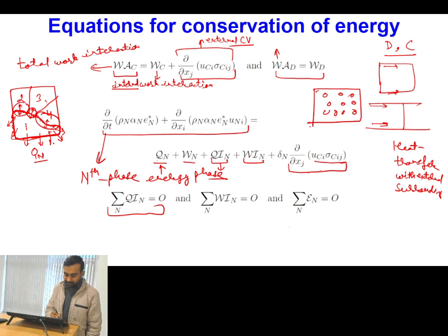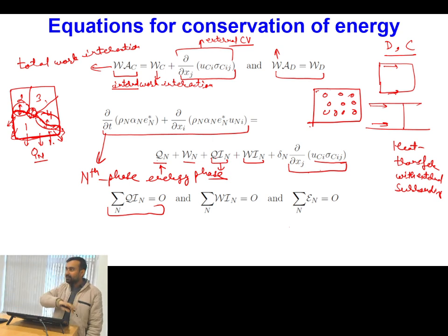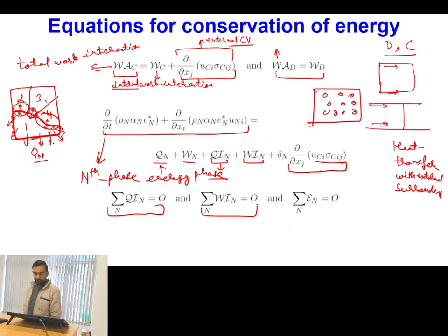Yes. If phase 1 is giving energy to phase 2, say x amount of energy, then for 1, x is a loss, a minus term, but for 2, x is a gain. If 3 is giving y amount of energy to 1, then for 1, y is a gain, and for 3, y is minus. So whenever I do the summation of all the equations for all the phases, this interaction term has to come equal to 0. Similarly, work interaction also has to be equal to 0.